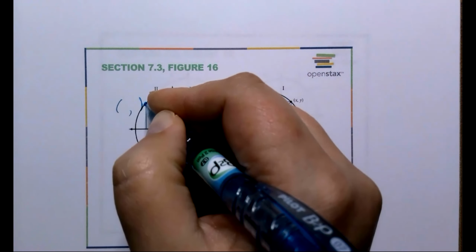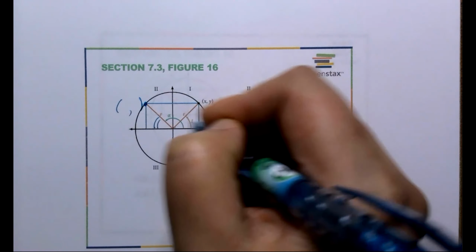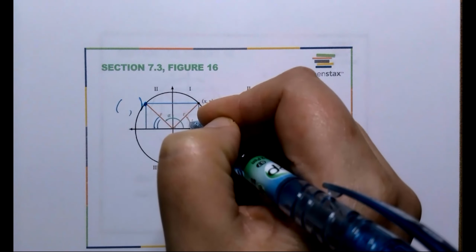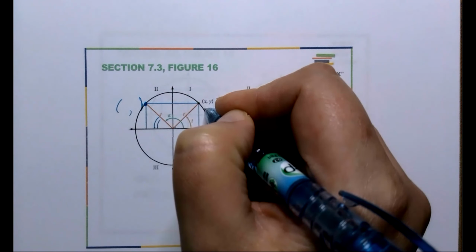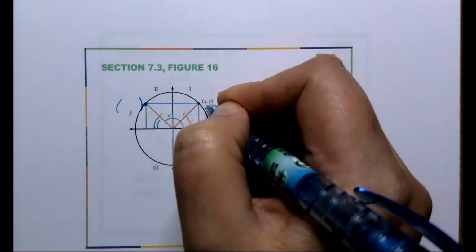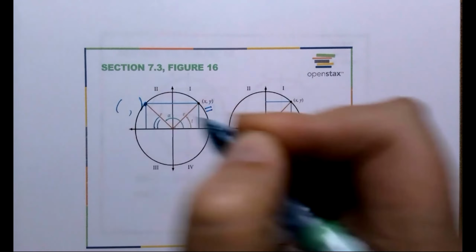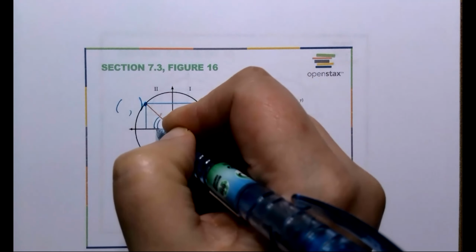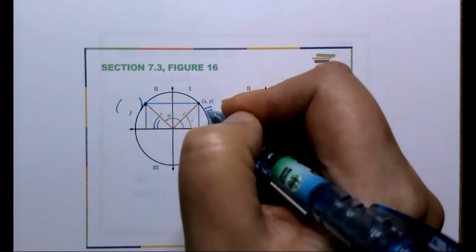Now we find a reference angle in the first quadrant that's symmetric to this one, and we know the coordinates of this point are x, y. Since this point is symmetric, this angle equals that angle.